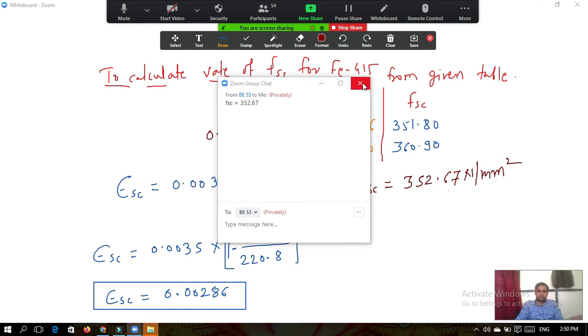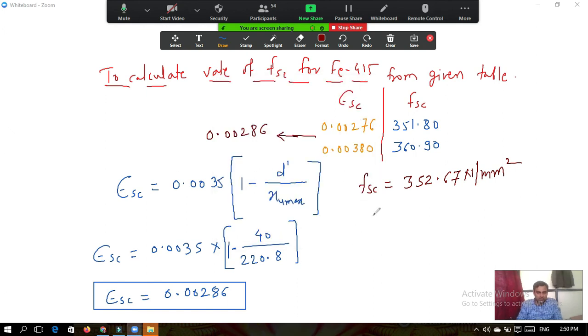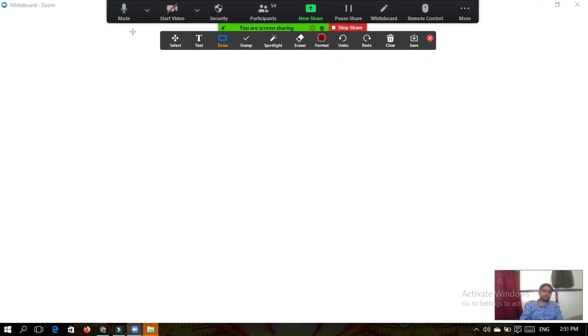Now after this, calculate AST2. Now put this value of FSC in our earlier equation, that is Cu2 equal to Tu2, and calculate the value. So this is the value of FSC. Have you written it? This is the value of FSC. So I will clear it now. Yes, sir.